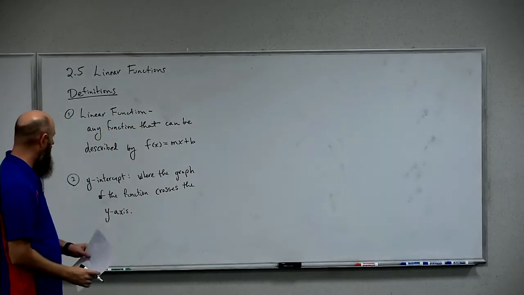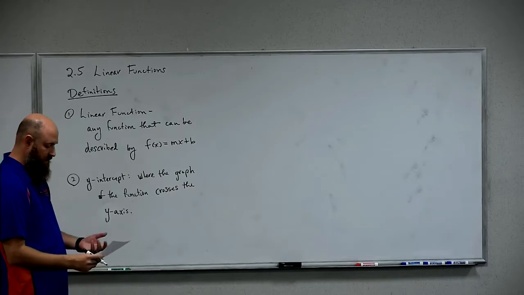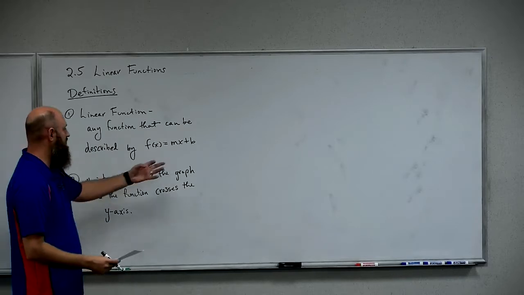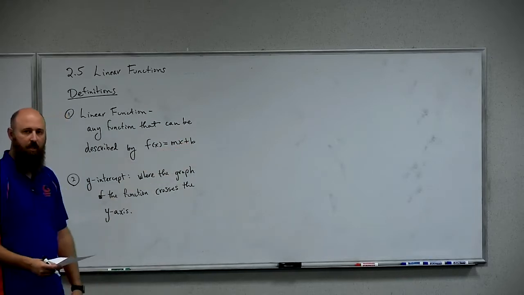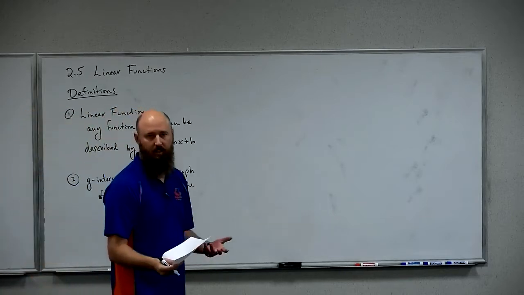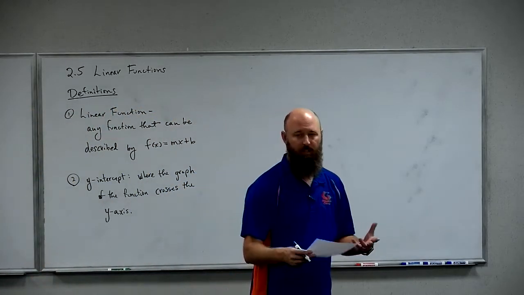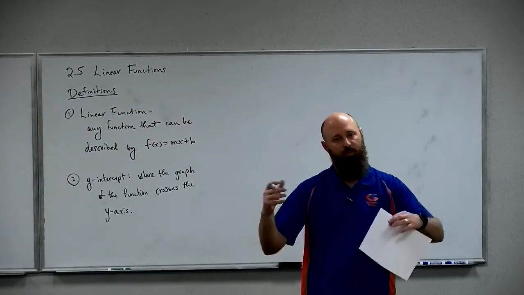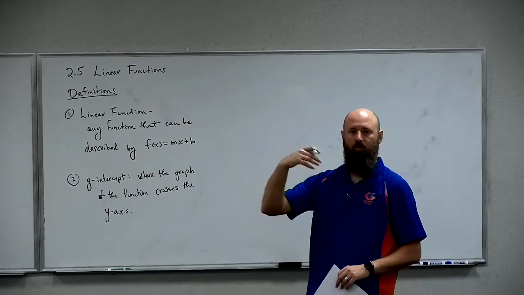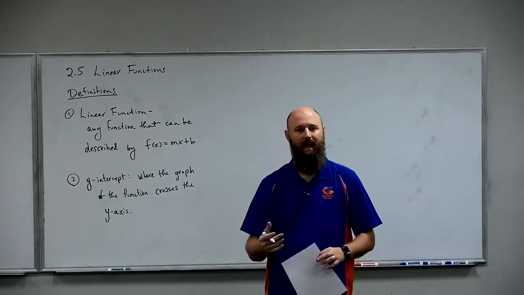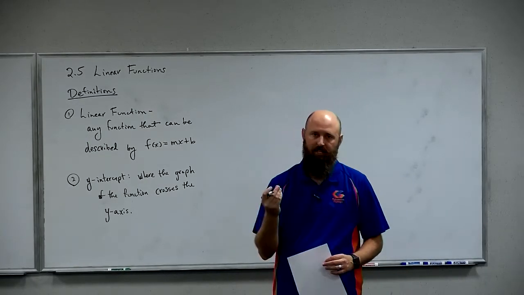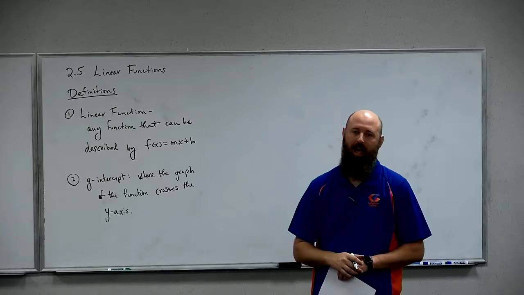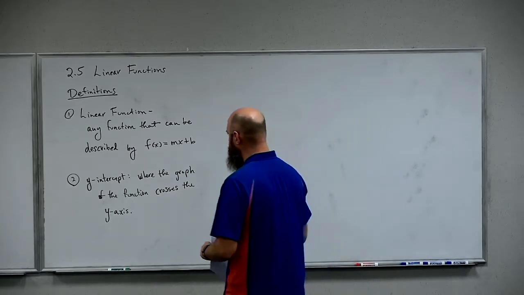Okay, and then for our purposes, we'll see that typically this is going to be this b value we see up here. In linear it's going to be that b value, but in other functions it's not. But we're going to graph this where it crosses the y-axis. That is the y-intercept. It intercepts the y-axis at that ordered pair.